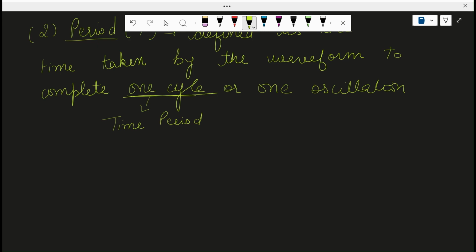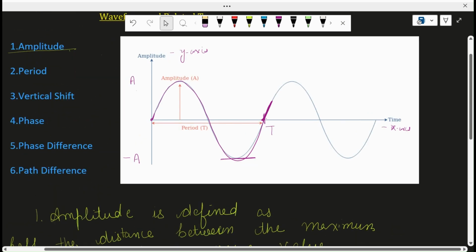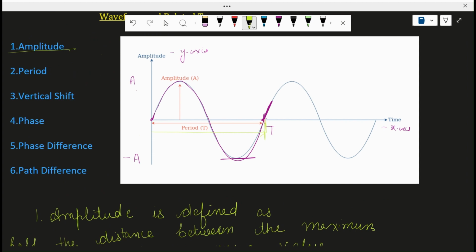I hope you have understood what the time period is. Here, this particular time till which it repeats, till time T, is called the time period.